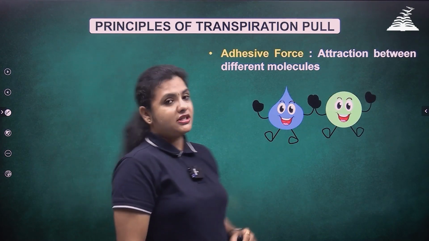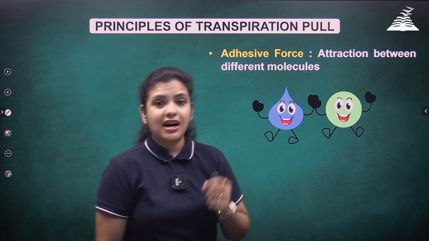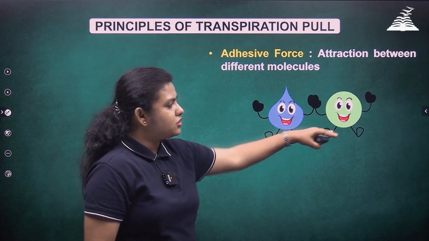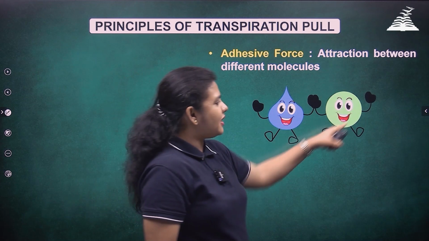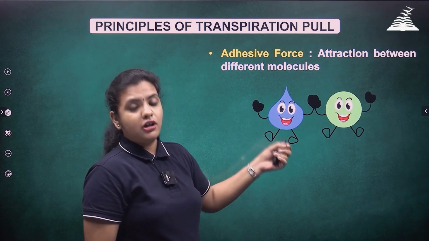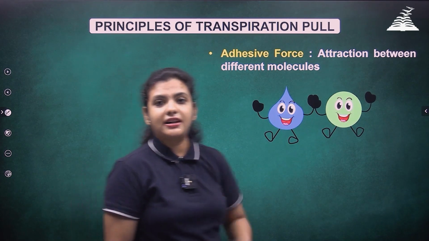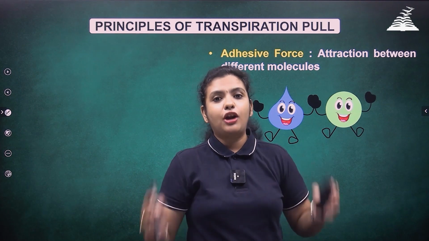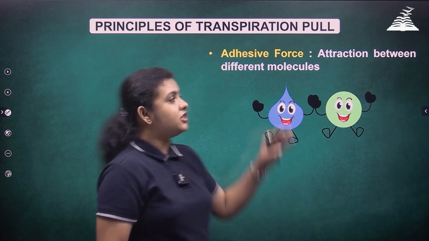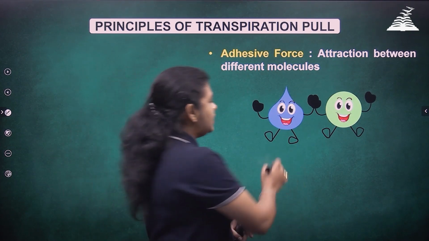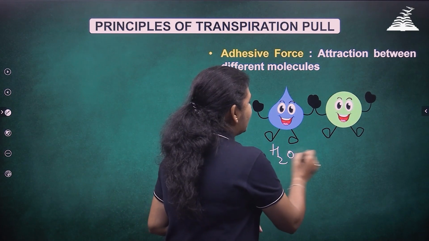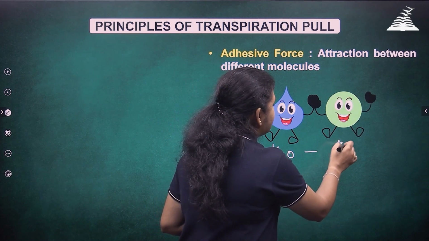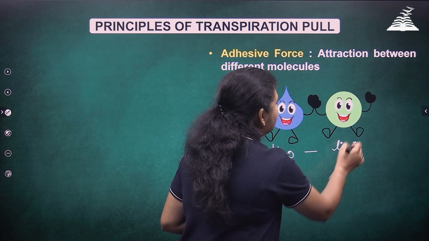The next force is adhesive force. What is the adhesive force? Molecules you see are different. So this is a smiley, right? But this is not. So here it is going to be attraction between non-identical molecules, different molecules. This is water and this is lignin. Where is lignin present? In the plant.